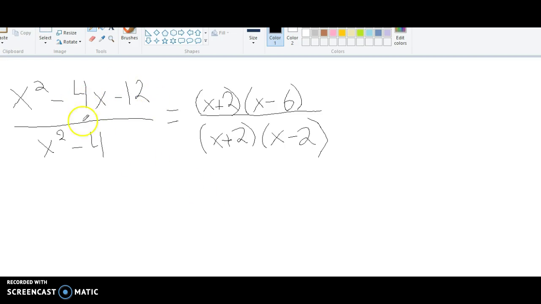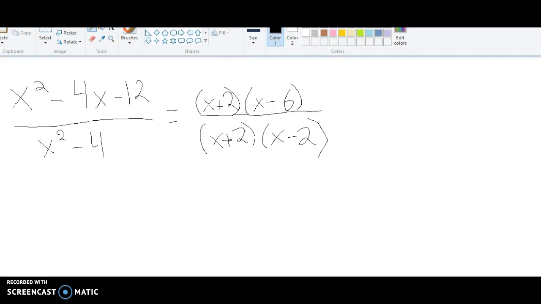When we factor the numerator, the top part of the fraction, we take out a positive 2 and a negative 6. So we're left with x plus 2 and x minus 6 on top. And when we factor the denominator, the bottom part, we take out a positive 2 and a negative 2. So we have x plus 2 times x minus 2.